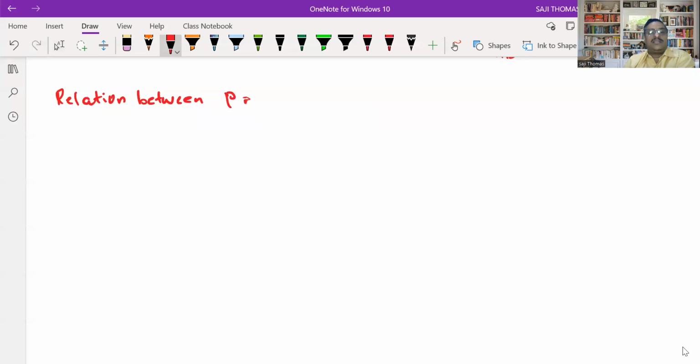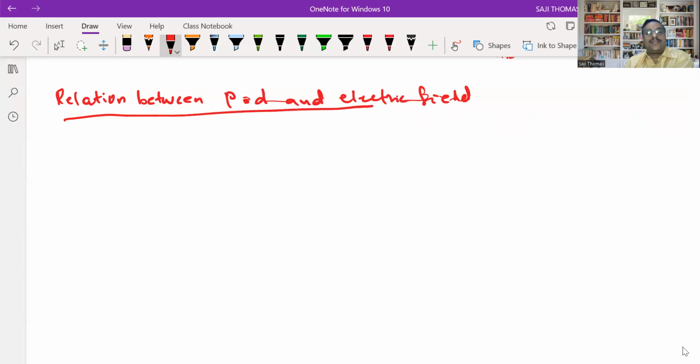Potential difference we can take as dV. So we consider a charge Q here. This is a positive charge. Imagine a point P.